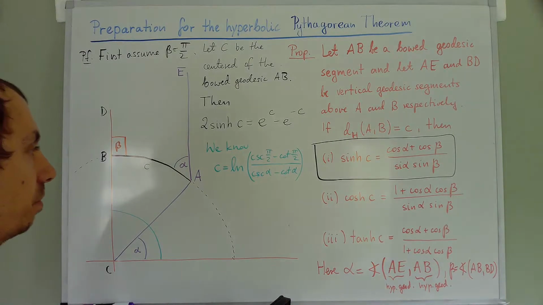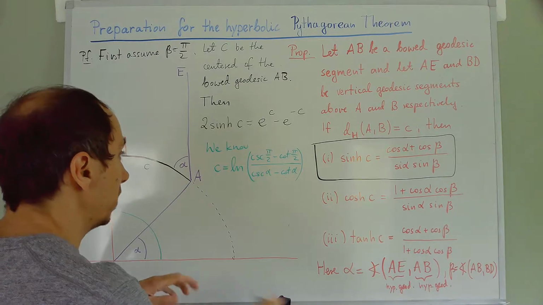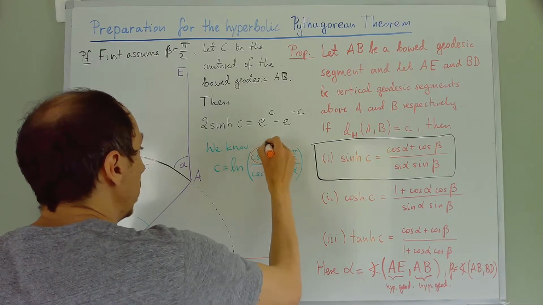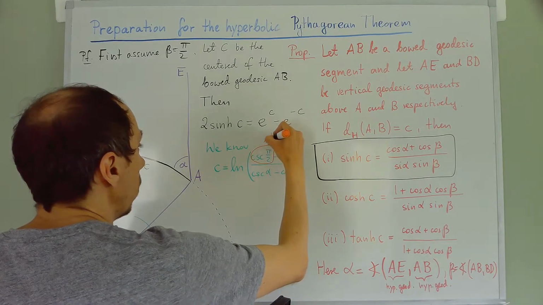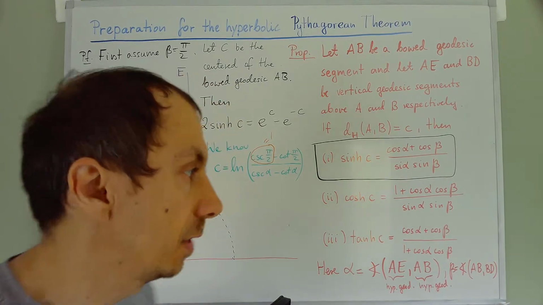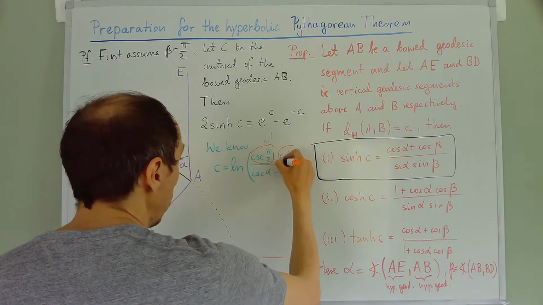Okay, but pi over 2 is a special angle. So what's cosecant of pi over 2? That's 1 over sine pi over 2, and sine pi over 2 is 1, so this is 1. On the other hand, cotangent of pi over 2, that's cosine over sine, so that's 0.